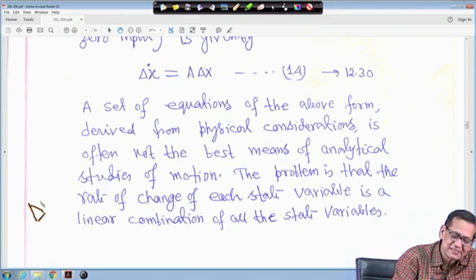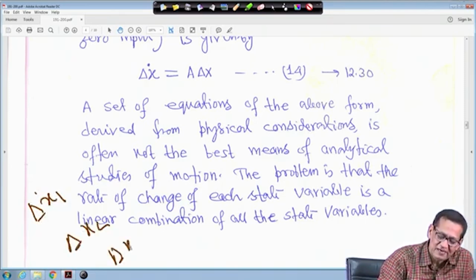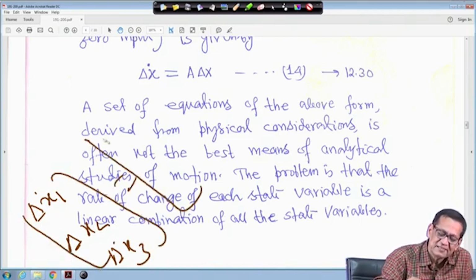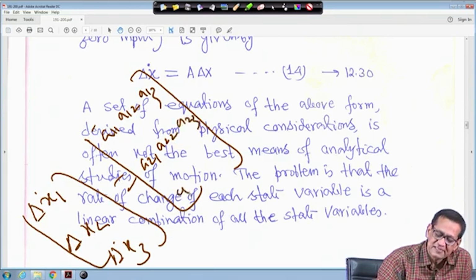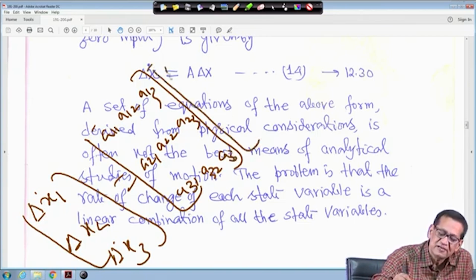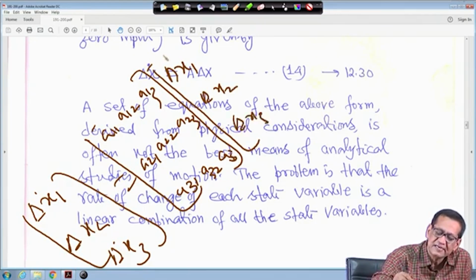Then this is my delta x1 dot, delta x2 dot and delta x3 dot, and this side is the A matrix, that is A11, A12, A13, A21, A22, A23, say it is a full matrix, some other elements may be 0, A31, A32 and A33, and this side is your delta x1, delta x2 and delta x3.